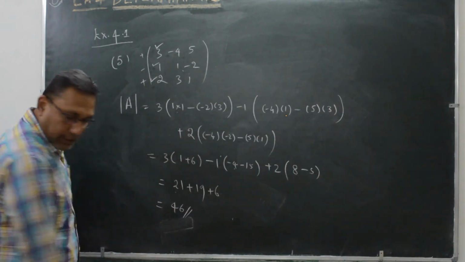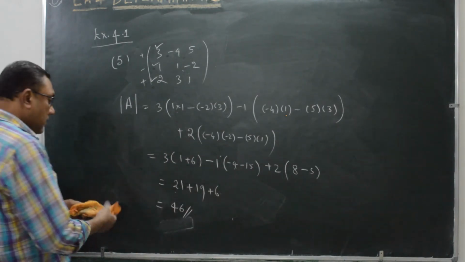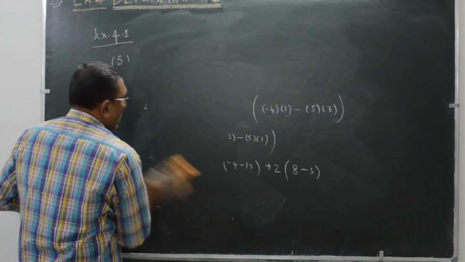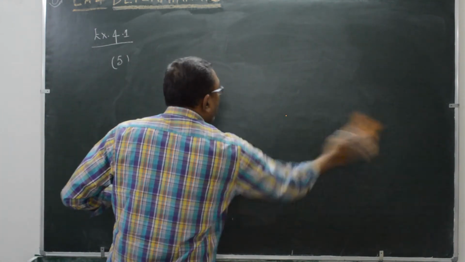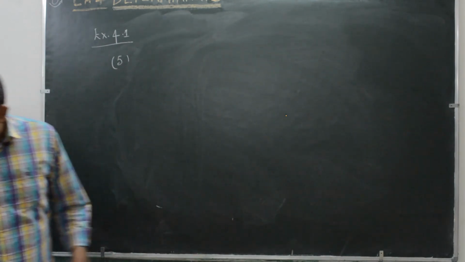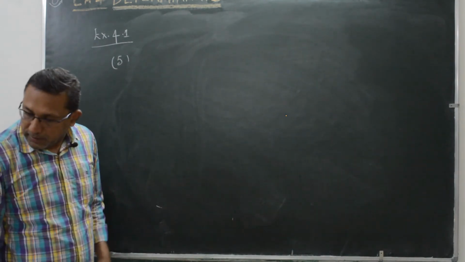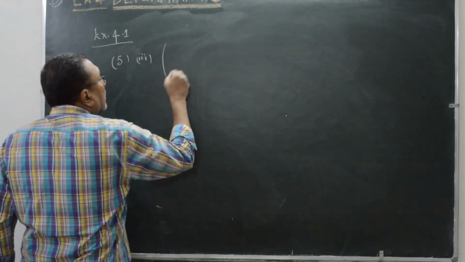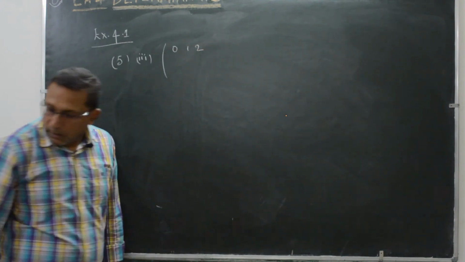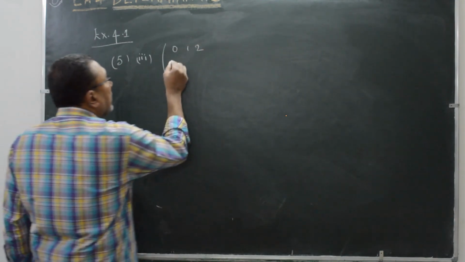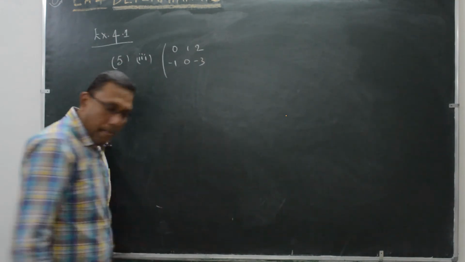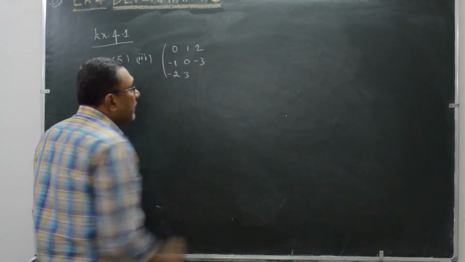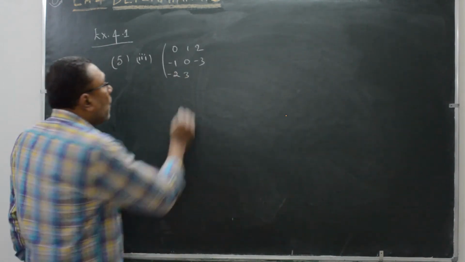Let us take another question in the fifth main of exercise 4.1. Take another question, which is the third one: 0, 1, 2, minus 1, 0, minus 3, minus 2, 3, 0.